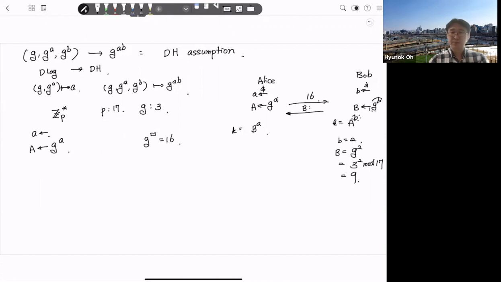Is there anyone who can compute the public key?